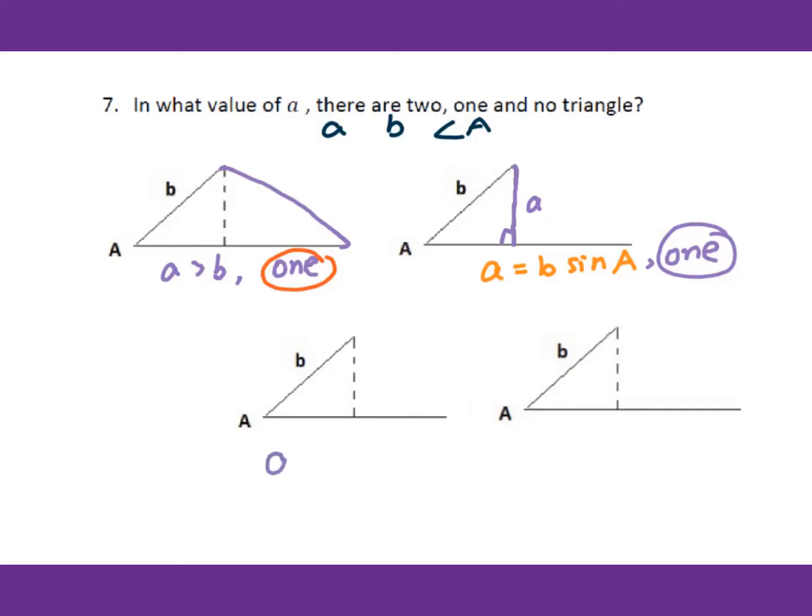If A less than B sine A, like this is A, then no triangle you can create.